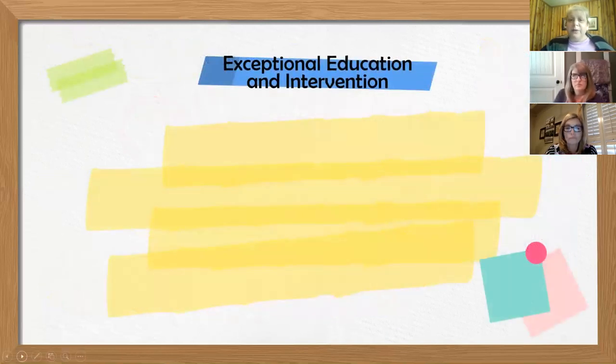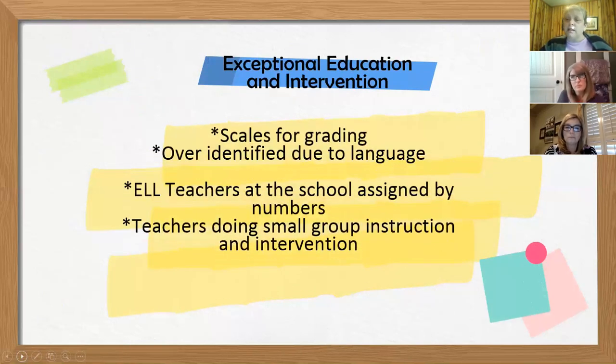When it comes to exceptional education and intervention with some of our language diversity students, with our ELLs, we know from our downtown representative, and Kim, what was her name? Lori McCormick. She is our downtown ELL supervisor, and she gave scales to all of us because we've all at some point had a language diverse student in our classroom.